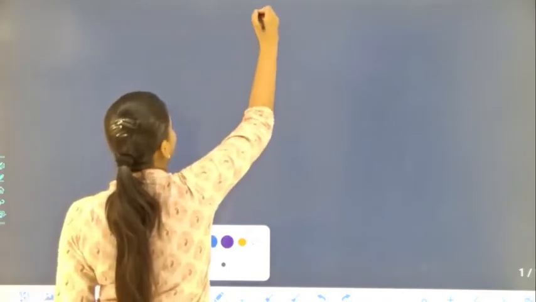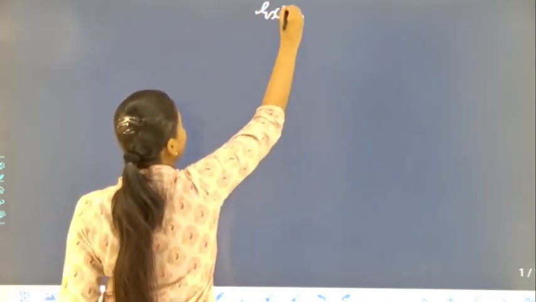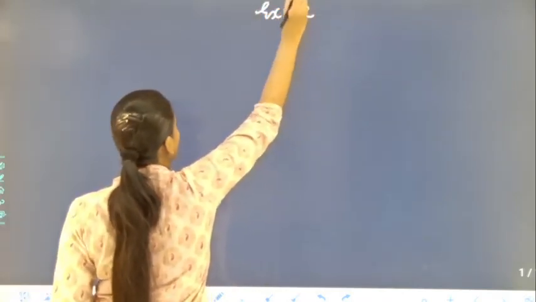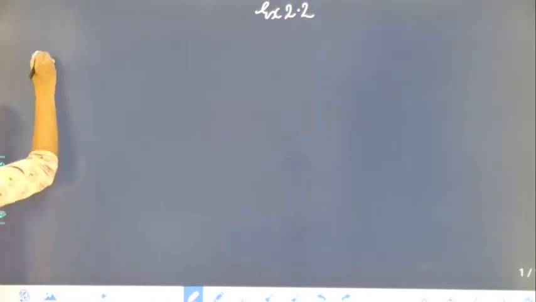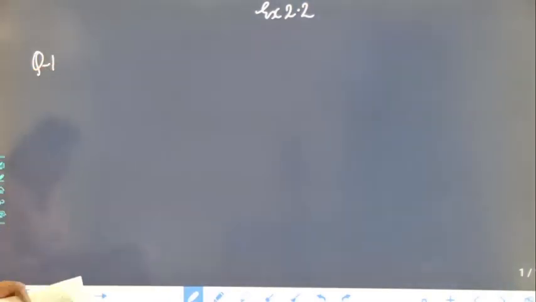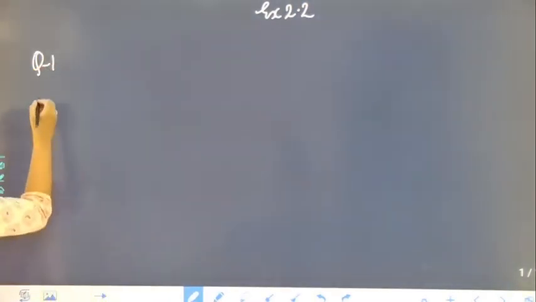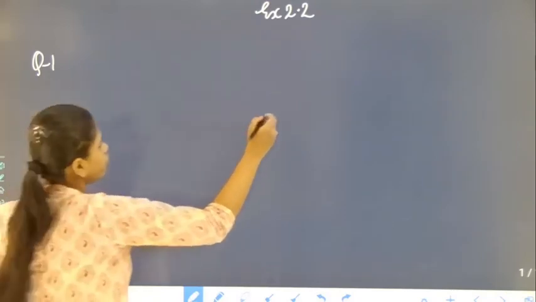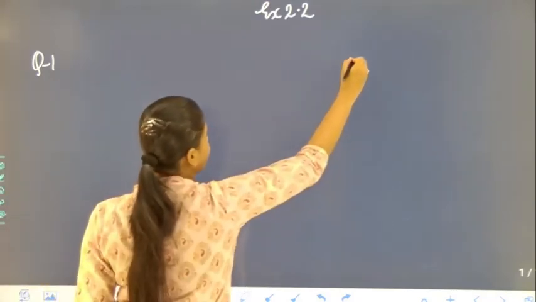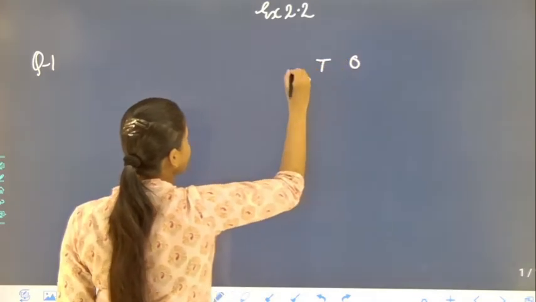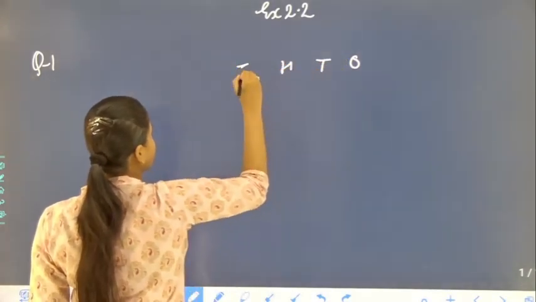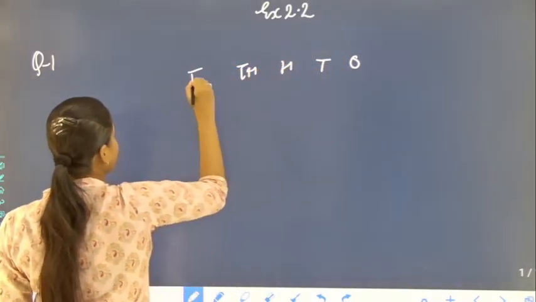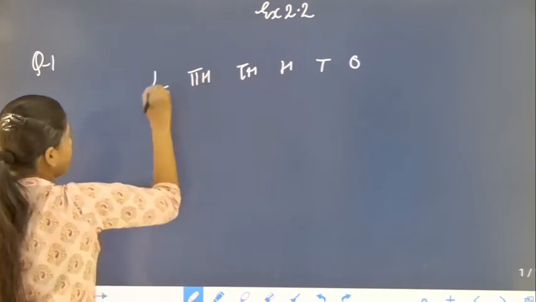First you have to write the exercise 2.2. Then you have to write the question number 1 from your book. Start from the first, you have to draw the table. That is ones, tens, 100, 1000, 10,000 and lakh.